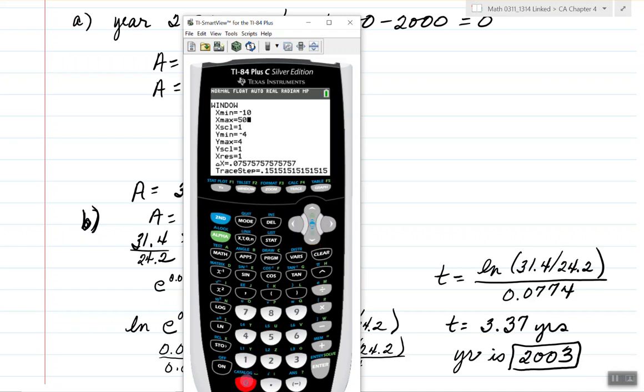And the y's, oh my goodness, these are in millions. So I'm going to put -10 to the 6th, that's negative a million, and the max, 50 million.